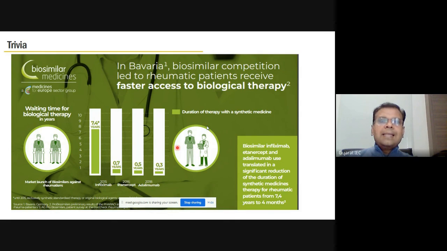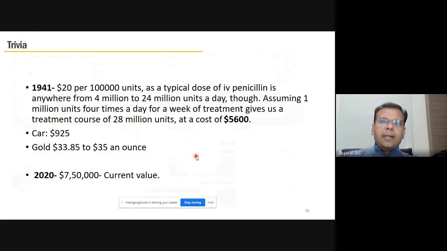So there is easier, faster access for patients of rheumatoid arthritis, which has been seen over a period of time. And we definitely know that these are expensive medicines.